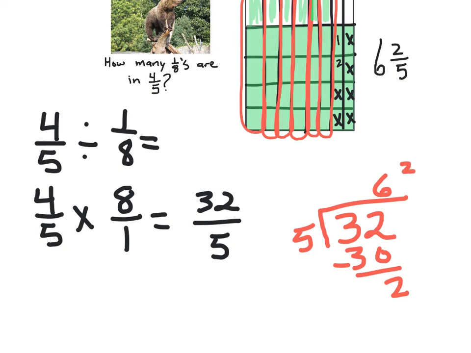So you got 2 out of the divisor, 5, right? So when you have a remainder, that turns into the numerator and your divisor turns into the denominator. So what we've got is 6 and 2/5. And look at that, lo and behold, it agrees with our illustration right there. And that is always wonderful, my friend.